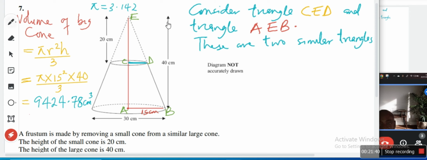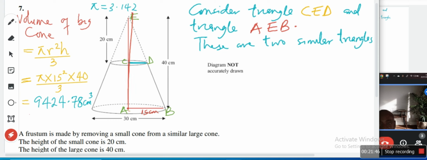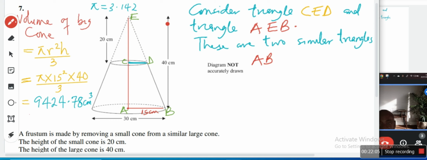Let's do the game. I will start with my big triangle. Then you have the small triangle to deal with. I'll mention a side in the big triangle, you mention the corresponding side. So I mention AB. CD. So AB is proportional to CD.